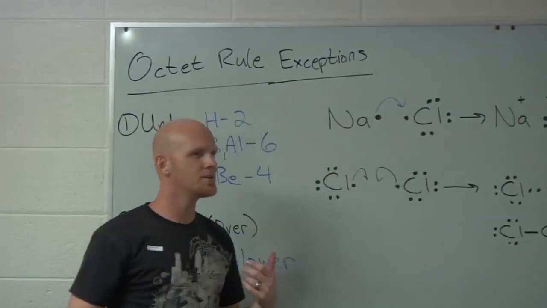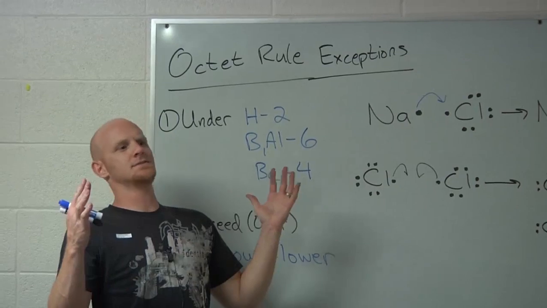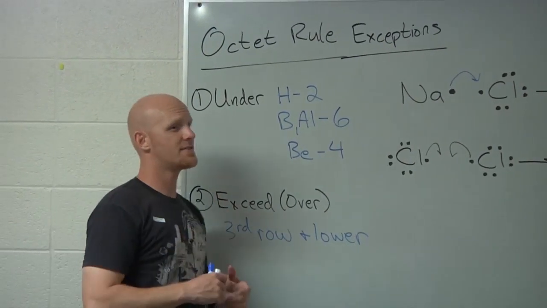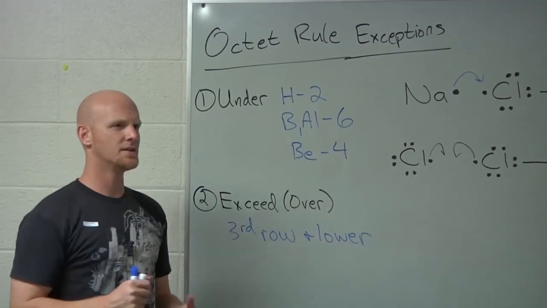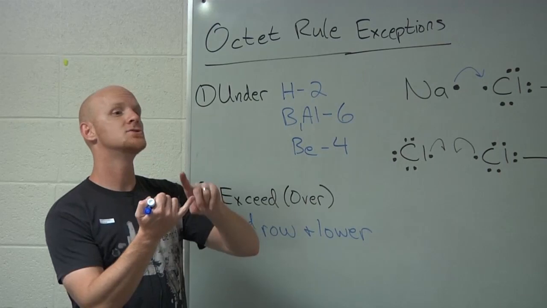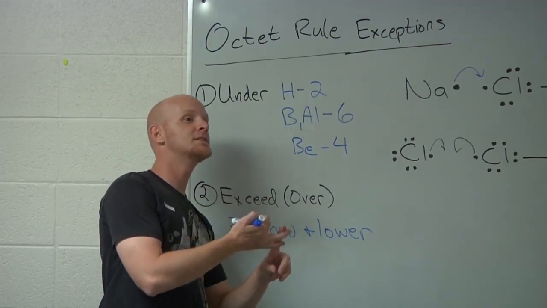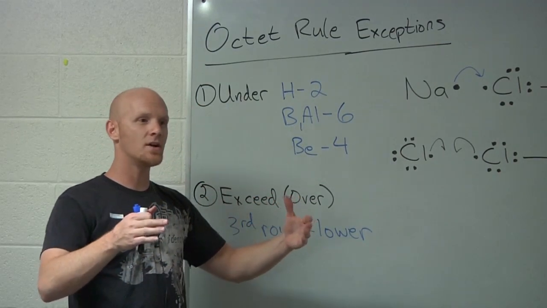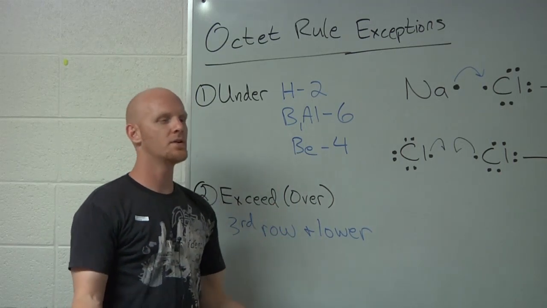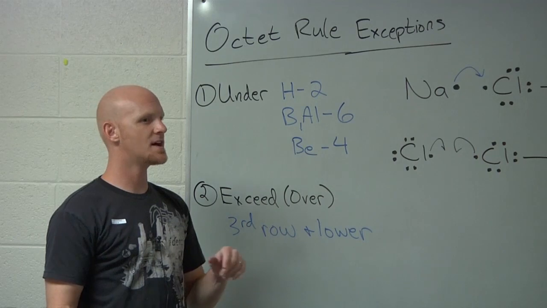Where does the octet rule even come from? What's so magical about 8? Well, the noble gases have 8, but why 8? Well, if you recall, it's 1s2, but after that, 2s2 and 2p6. The entire shell can hold 8 electrons. It's a full shell. But notice, once you get to the 3rd shell, there's not just s orbitals and p orbitals.